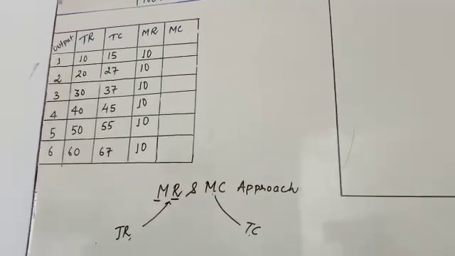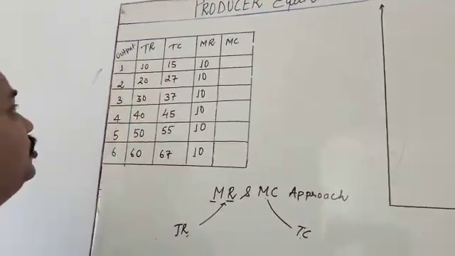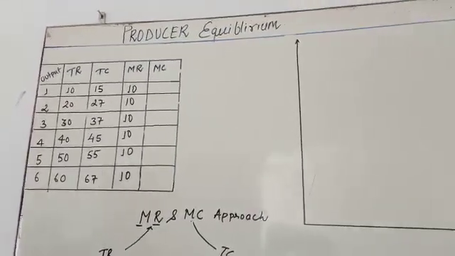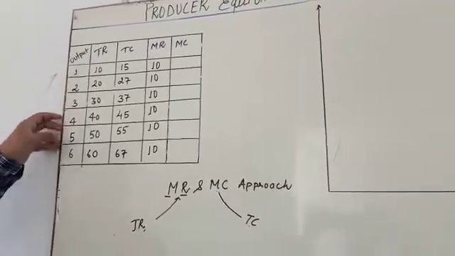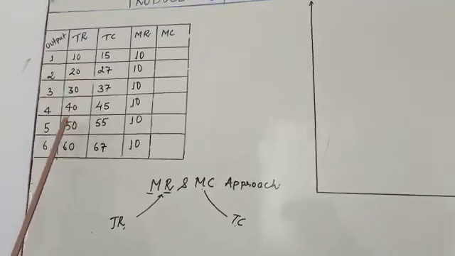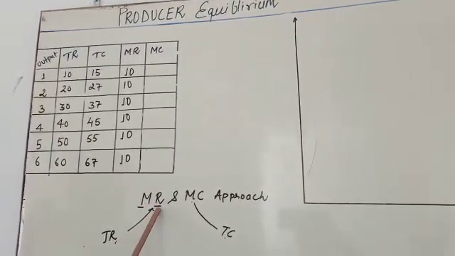What you observe, this is the output. As we increase the output 1, 2, 3, 4, 5, 6, the total revenue also increases: 10, 20, 30, 40, 50, 60. So with the help of the total revenue, we calculate marginal revenue.